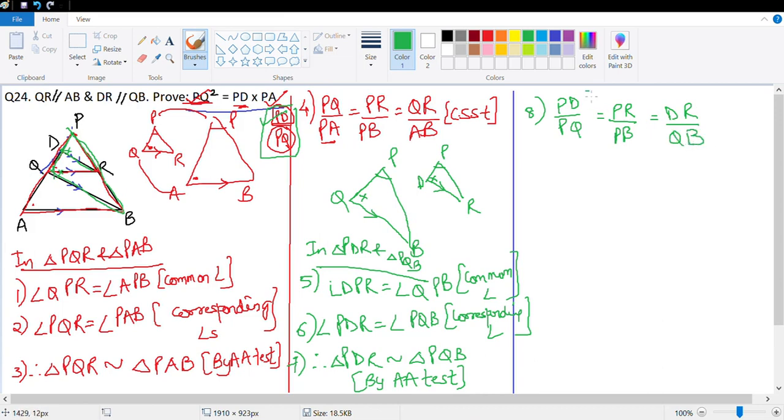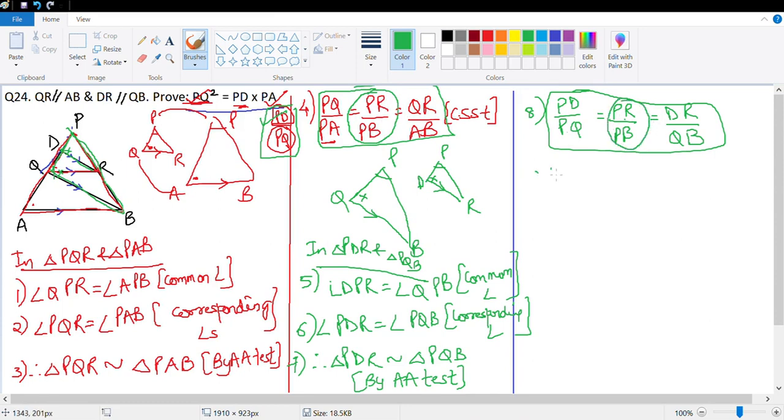So this is equation number 8 and I already have equation number 4. Is there anything which is equal here? PD PQ? No. PR PB? Yes, I noticed that PR and PB and PR and PB here are the same.